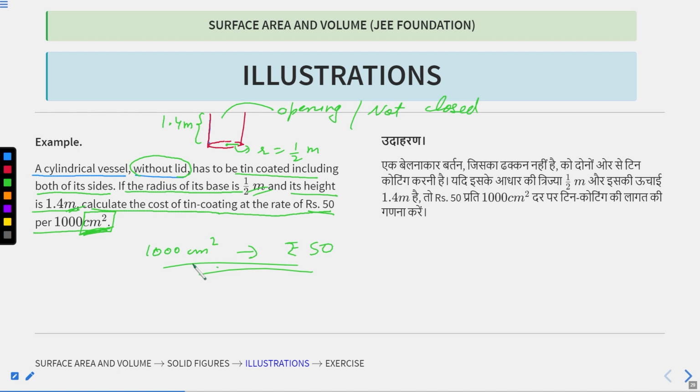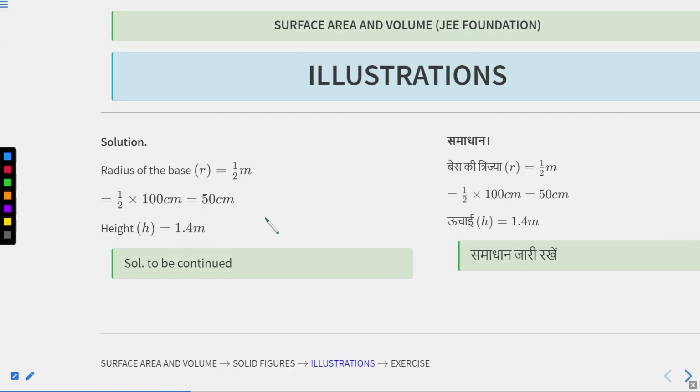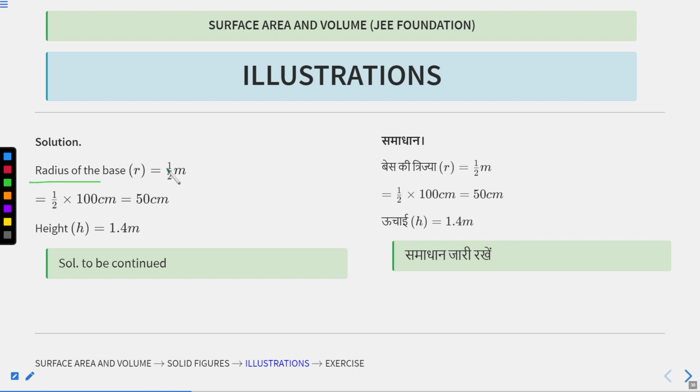Okay, so we first need to change our units. So 1 by 2 meter is equal to 1 by 2 multiplied by 100 centimeter, because 1 meter is equal to 100 centimeter, which is 50 centimeter.